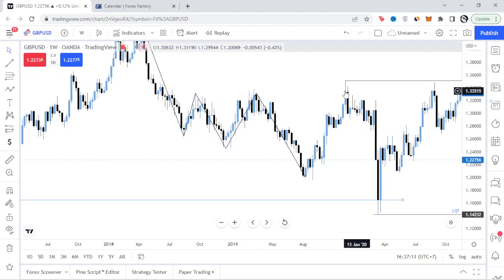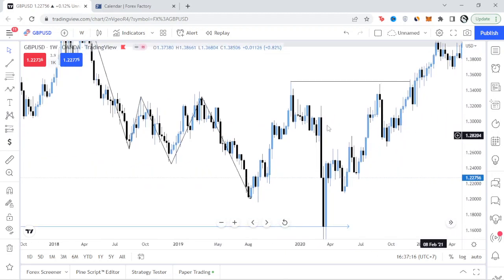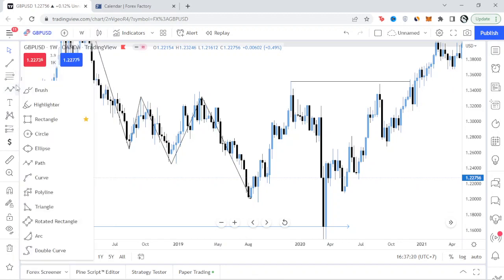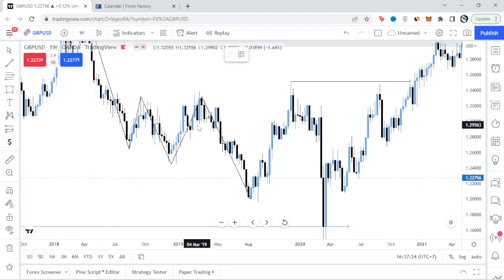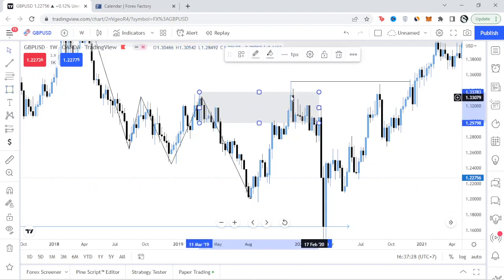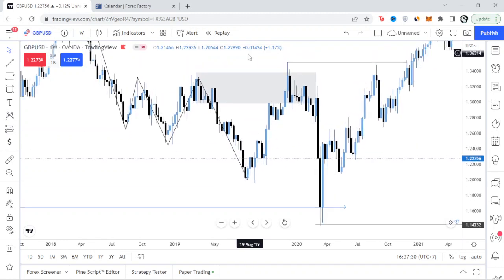We eventually came out to take out these highs. I can probably say this is the last buy to sell, but it got taken out.